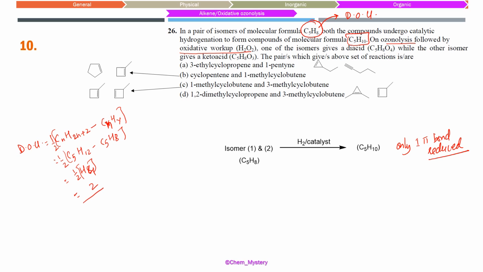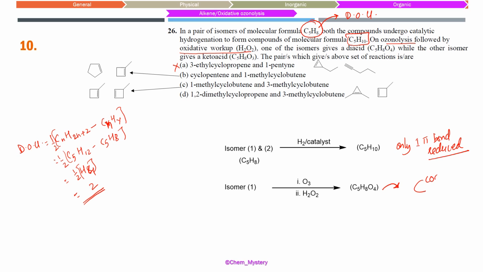So for options B, C and D we need to see how this is happening, and for that we have been given the next step, what happens on oxidative ozonolysis. Isomer number 1 is giving this, and we can read out that this is going to be a dicarboxylic acid, COOH, COOH, with some different number of carbons possible in between.